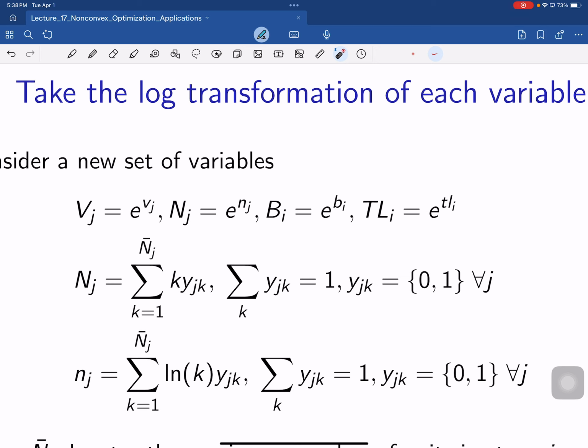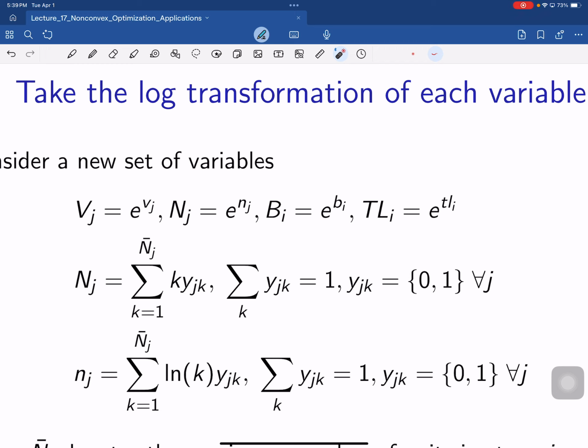So all these are variables greater than or equal to 0. Let's replace these variables with an exponential of another variable, right? Because the exponential function is always greater than or equal to 0, right? And then this small vj variable will be unconstrained, right? Since the exponential function always gives you something greater than or equal to 0. Okay, so let's just replace them by these variables, small vj, small nj, lowercase bi, and so forth.